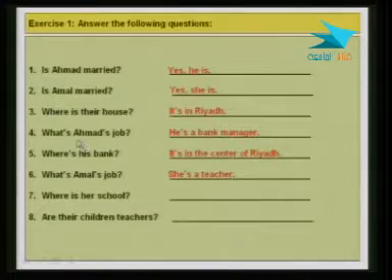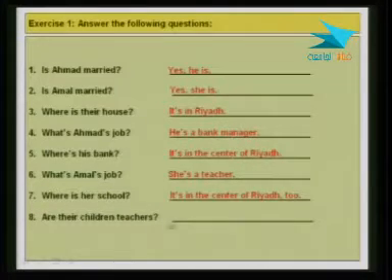In question 4, we already mentioned his name, so we don't need to say Ahmed's name again, so we use this pronoun here, his bank. And here, we mentioned Amal's name, right? And then here we say her. Where's her school? The answer is, it's in the center of Riyadh too. Too here means also.